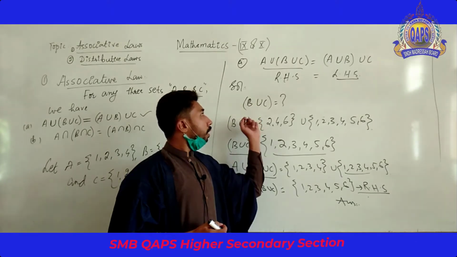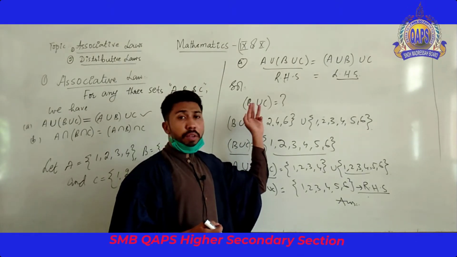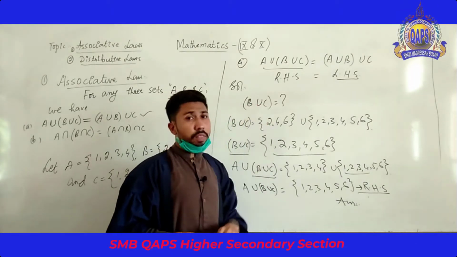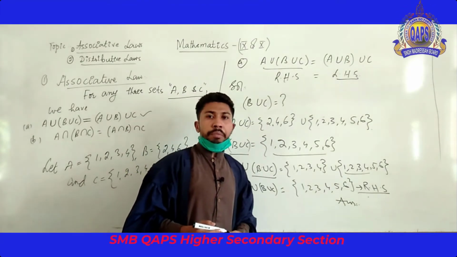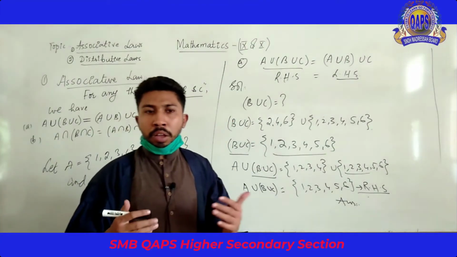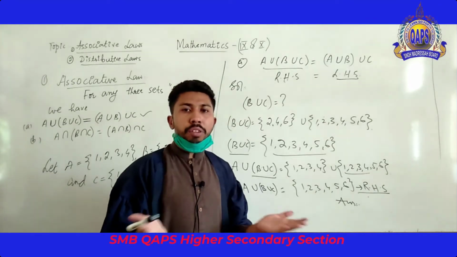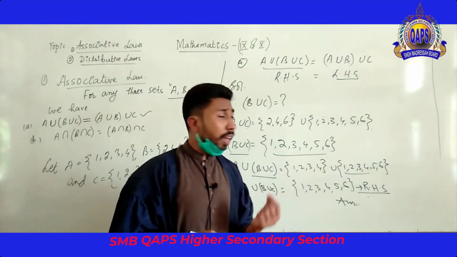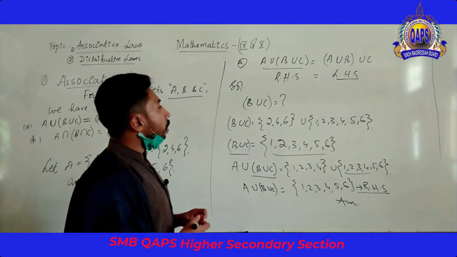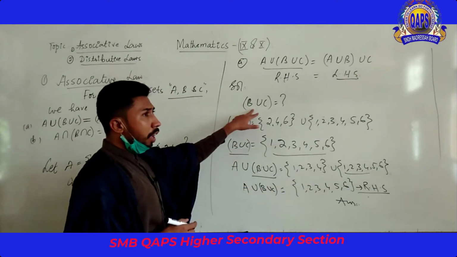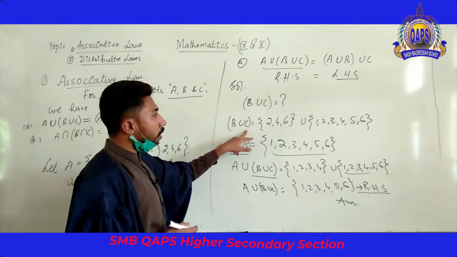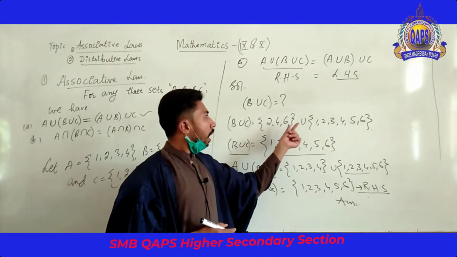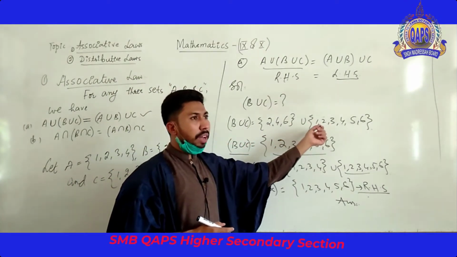In the bracket, 2 sets are lying with a union sign in between, in which we combine all the elements to make a single set. So here in union form, B union C, B contains 3 elements and C contains 6 elements.